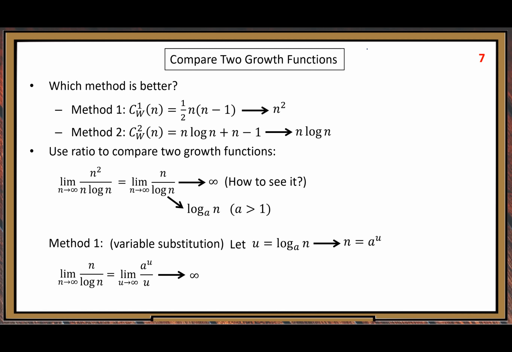Now, can you see that when u goes to infinity, this ratio goes to infinity? Because we know an exponential function dominates any polynomial. Exponential function always dominates any polynomial, and this is a special polynomial.